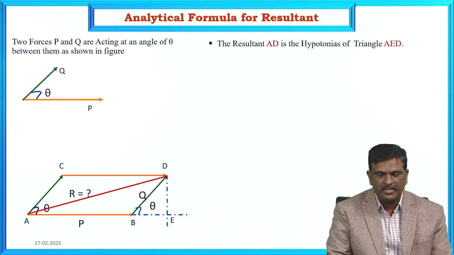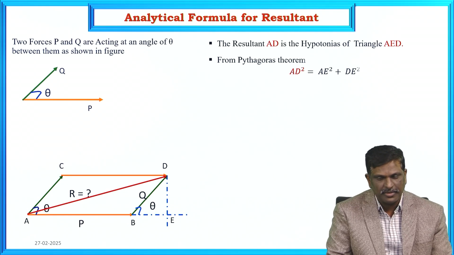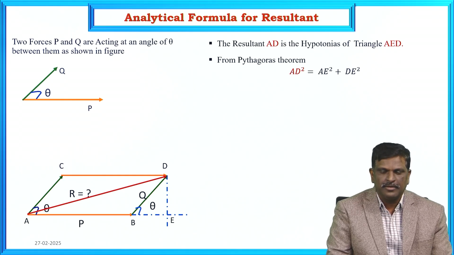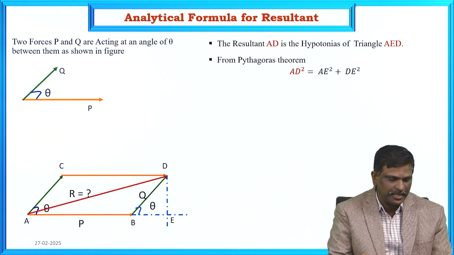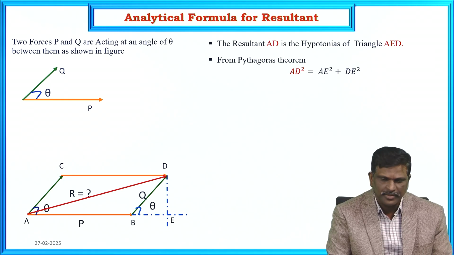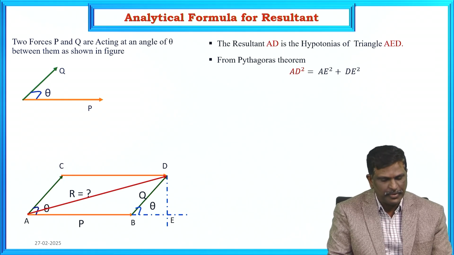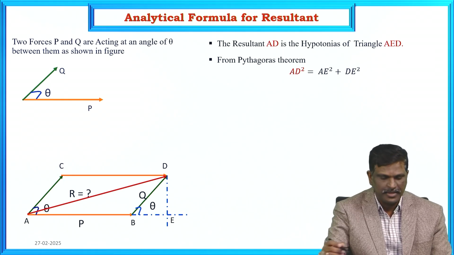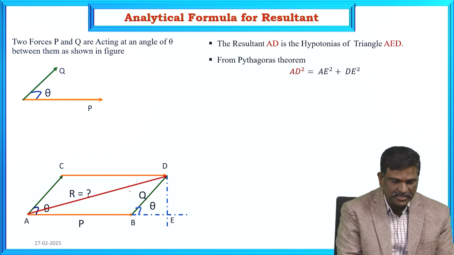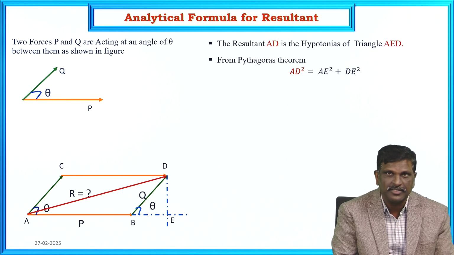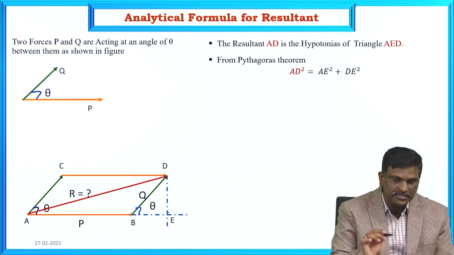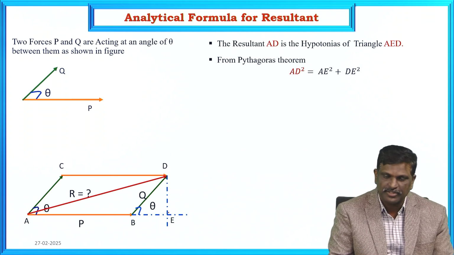As per the Pythagoras theorem, hypotenuse square is equal to side square plus side square. Look at the triangle. AD square is equal to AE square plus DE square. AD square is the hypotenuse, AE square is one side of the right angle triangle, and DE square is the other side of the right angle triangle.